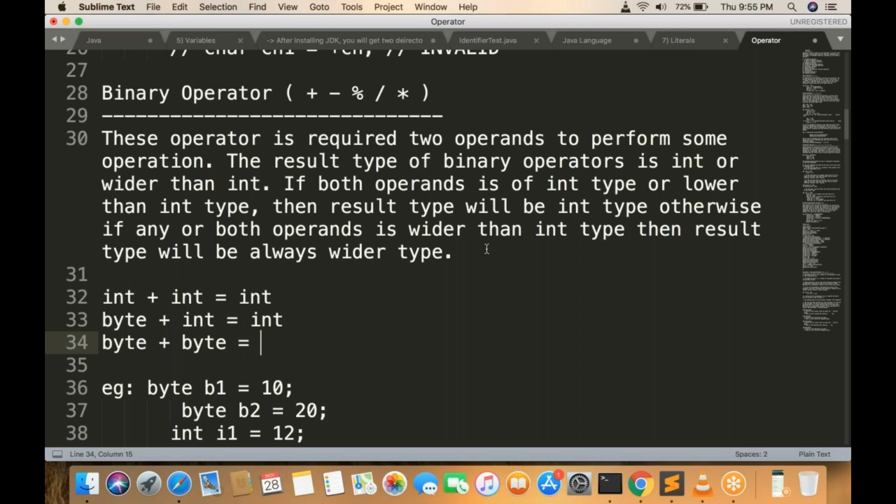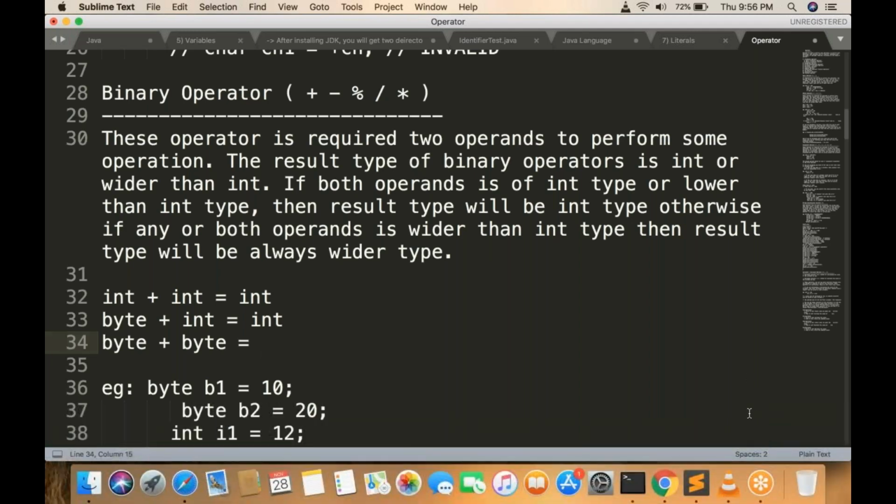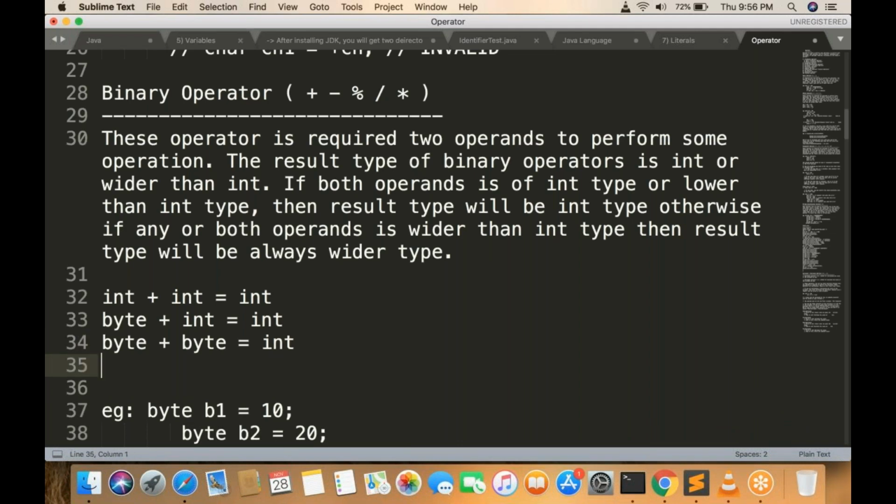What is the result type, guys? Int. Yes, Soumya is right, int only. If it is short plus byte, what is the result type? Int.